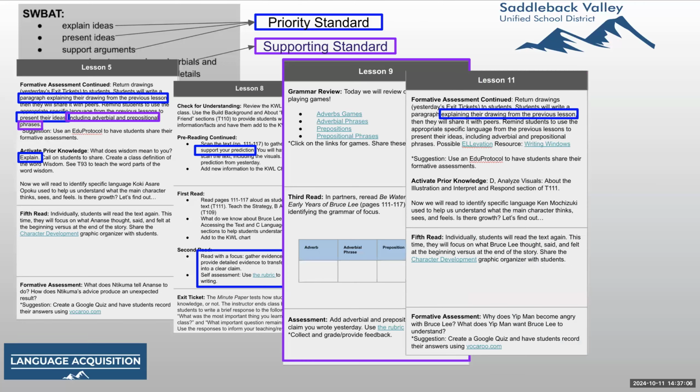Lesson 11 recycles the strategies used in lesson 5, allowing students the opportunity to continue mastering the skills of the standard and avoiding having to introduce a new strategy.